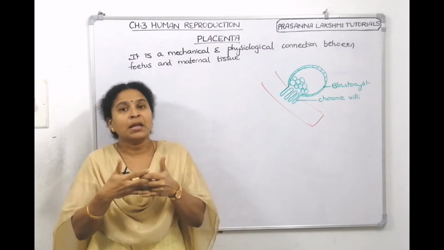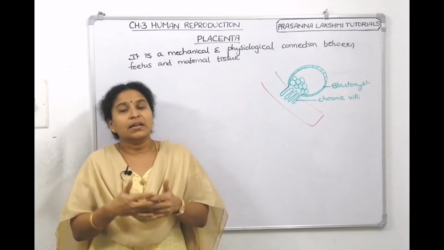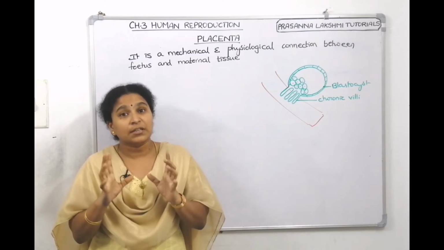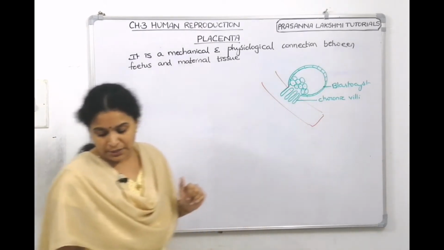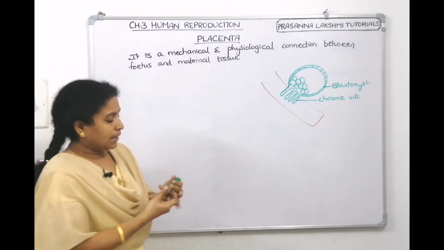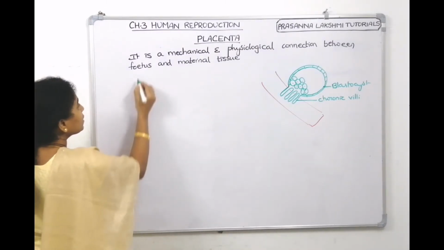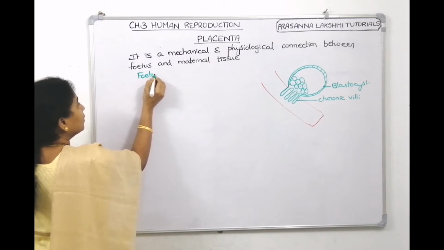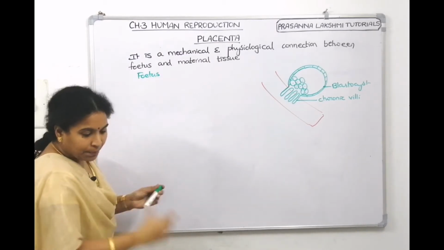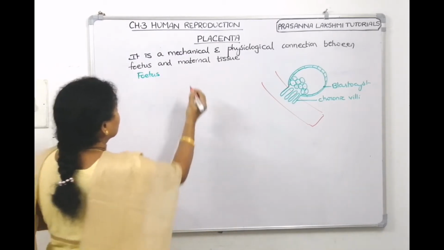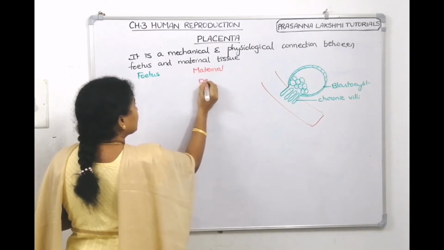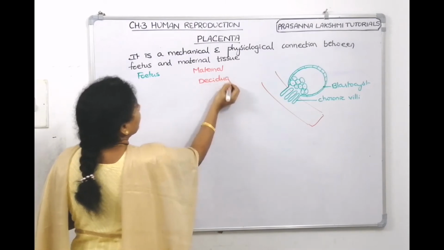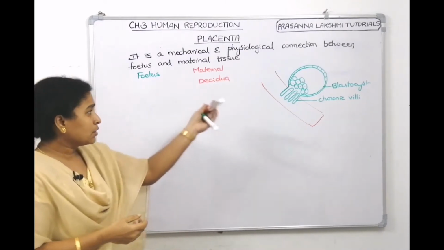So, that's why we are saying, what is placenta? It is a mechanical and physiological connection between the maternal tissue and the fetal tissue. Now, what part is the fetal part which makes the placenta, and what part is the maternal part? The maternal part is called decidua and the fetal part is called chorionic villi.